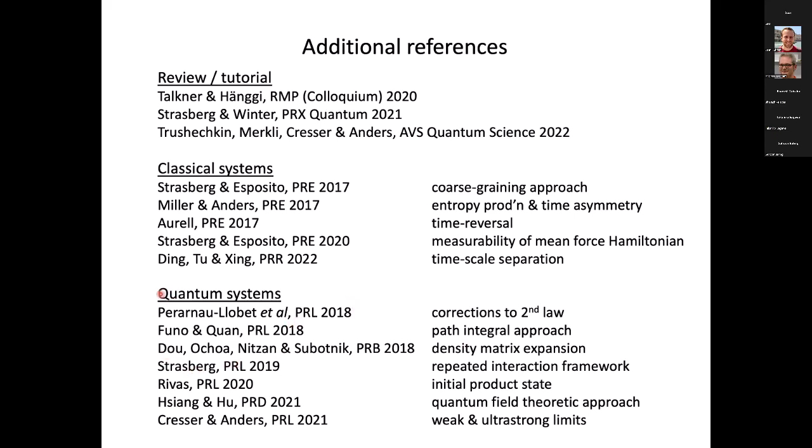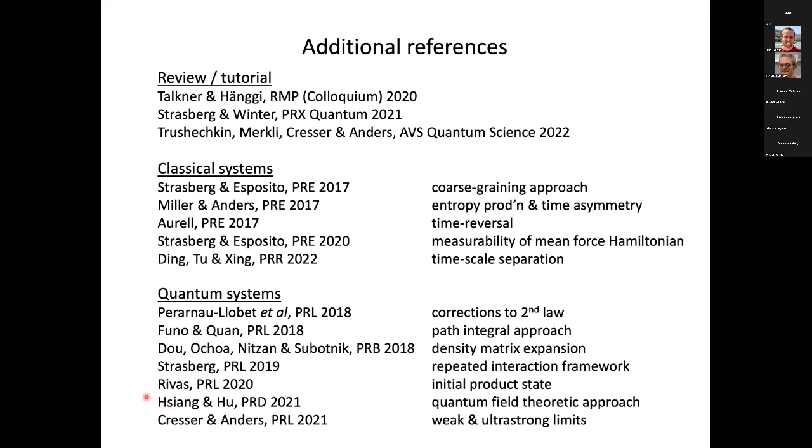Strasberg investigated this problem in the context of the repeated interaction framework. There was a paper by Rivas, which showed how much you could get by assuming that the initial state of the system and the environment is a product state in the quantum case.